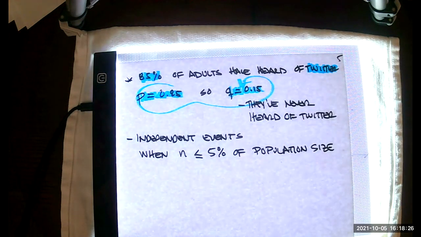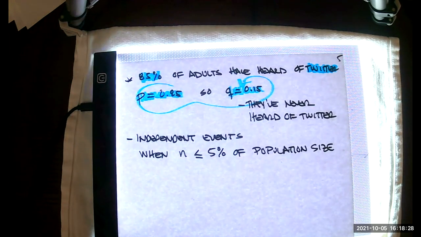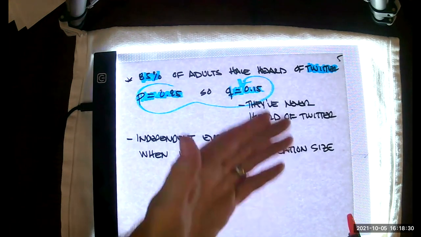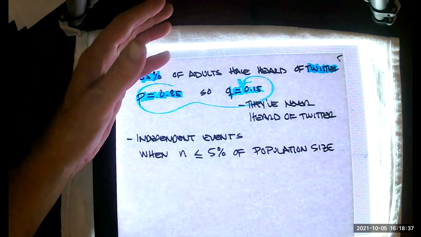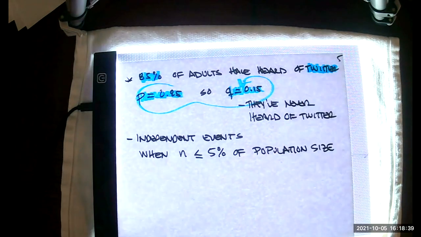Now, when we go out and sample in these kinds of surveys, we'll take a person here and then a person there. And once we select them, we actually keep them out of the pool. We don't want to double sample. So there can be a real problem with the notion of dependent events.